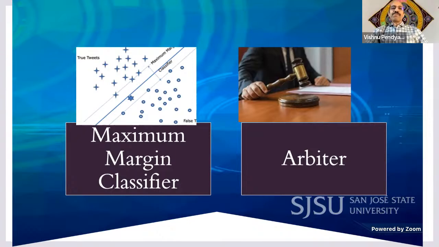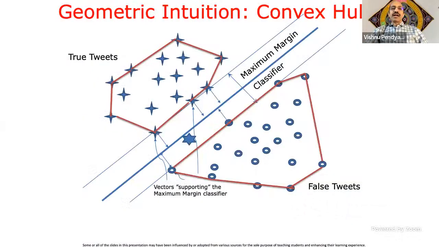But the fun part is in determining the margin. The geometric intuition of the support vector machines algorithm can be thought of as drawing convex hulls around the classes of points in the training data set. A convex hull can be thought of as a rubber band.